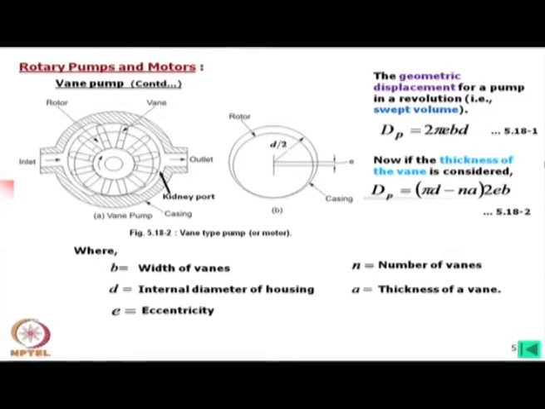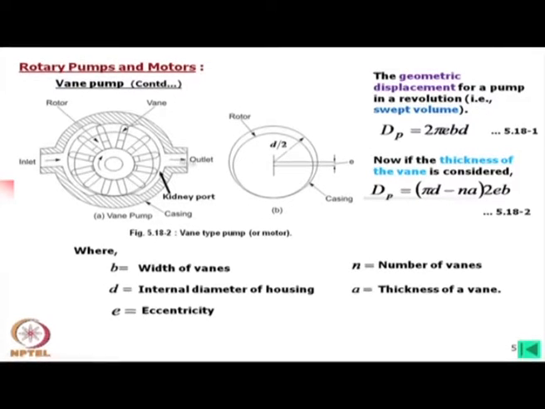If we develop this totally, the total length is pi into d, and twice E is the width of that rectangle, and then it is multiplied by the width of the vane. This is in the direction of the axis.